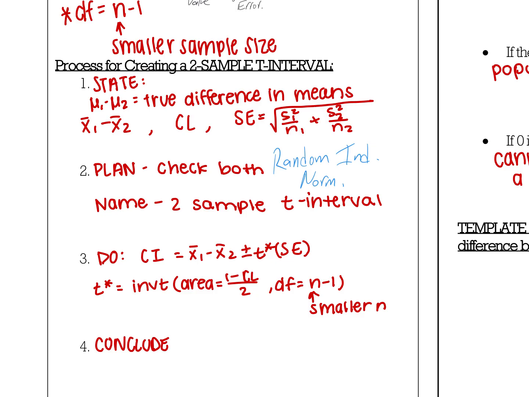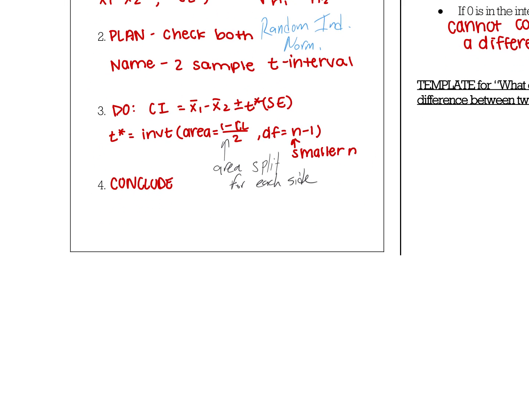So we are splitting the area between the two sides, so this is area split for each side of the distribution. If we were 5%, I'm splitting it into 2.5% for the low values and 2.5% for the high values. Our conclusion will explore that a little bit more as we keep progressing here.